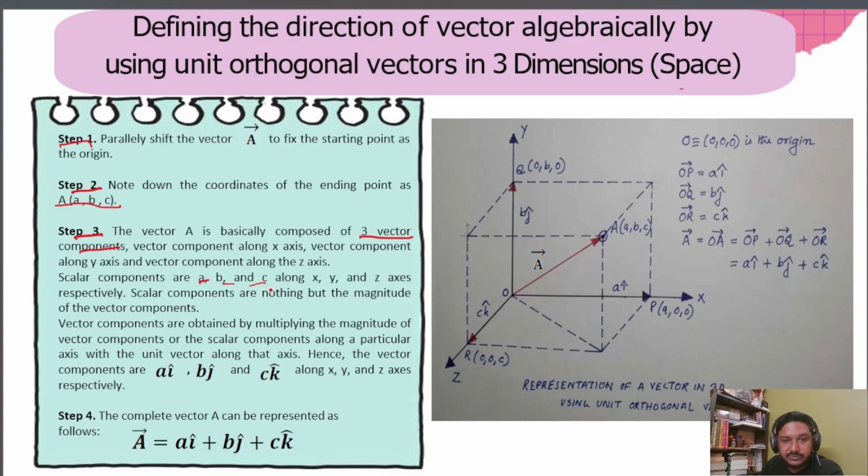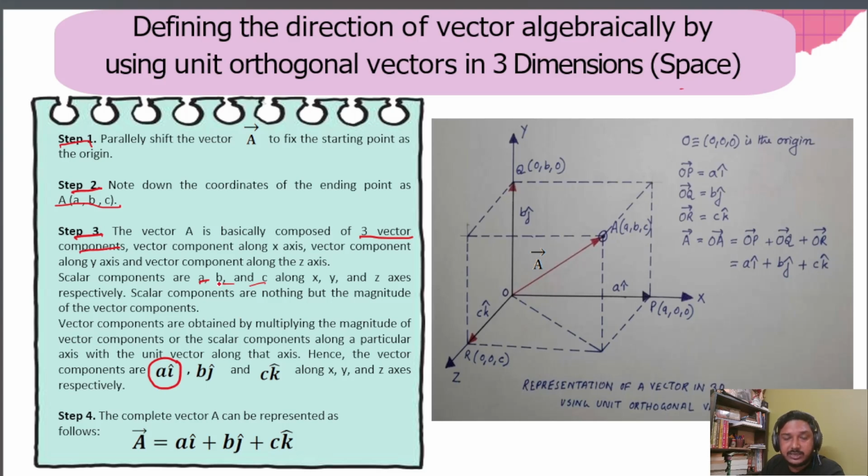So the scalar components will be A, B, C along the X, Y and Z axes. Now if we multiply by the unit vector along that direction, we get the vector components along the coordinate axes. As the unit vector along X axis is i cap, if you multiply A with i cap, we get the vector component of capital A along X axis.